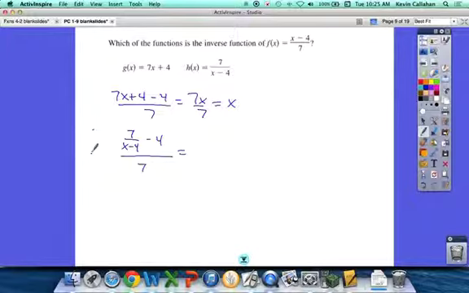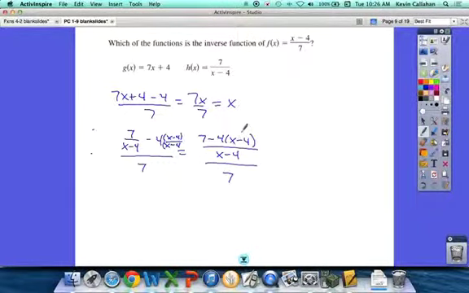Okay, now is this going to simplify? I would have to find a common denominator in the numerator, right? So that'll be, multiply this by x minus 4 over x minus 4. Right, and now I've got 7 minus 4 times x minus 4 over x minus 4 over 7.